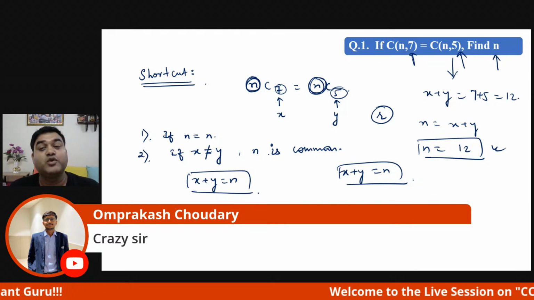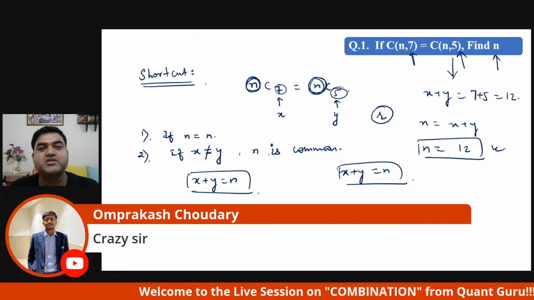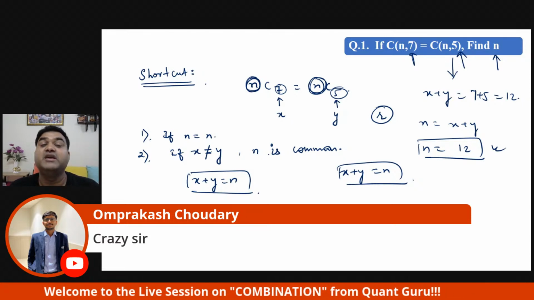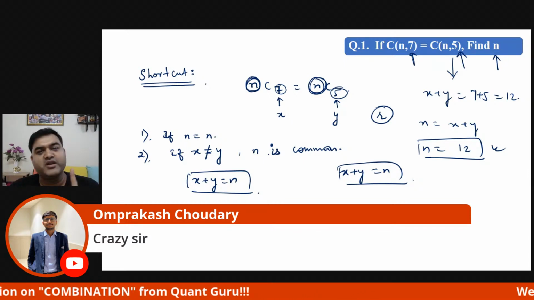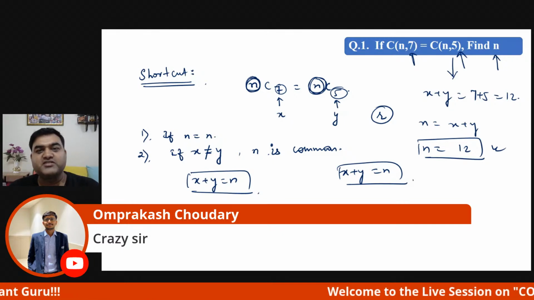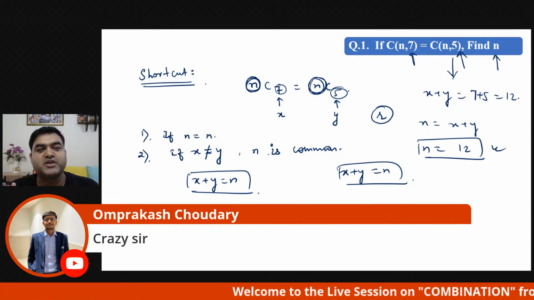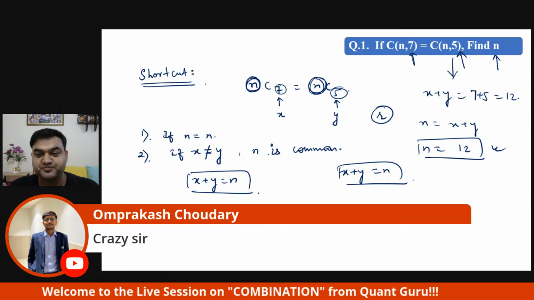But this formula I wanted to tell you because in any competitive examination, for permutation and combination, there are 2-3 formulas I'll tell you to remember. One is the basic formula nPr. Another is the combination formula nCr, and this is another formula which you should remember. A lot of questions can be solved using this.